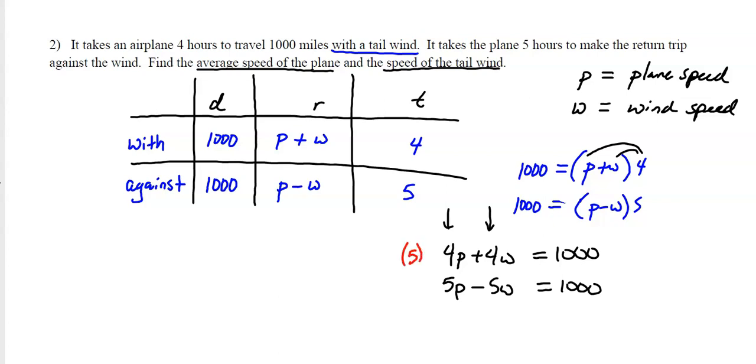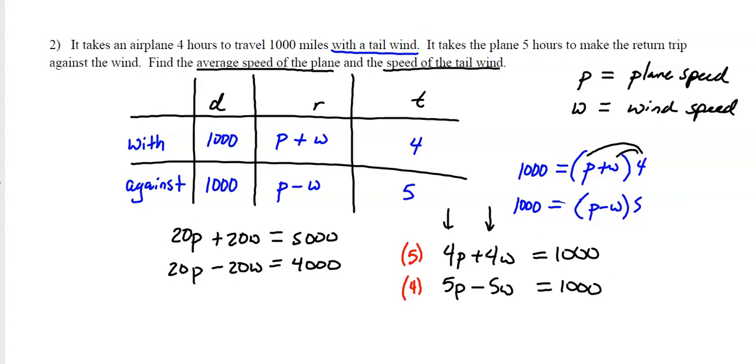If I multiply everything here by 5, everything here by 4, I should be able to eliminate the W's if I do this right. So I'm going to have 20P plus 20W equals 5,000. Remember, the 5 has got to go all the way through. Then I'm going to have 20P minus 20W equals 4,000. Now, since I have opposites right here in this row, I'm going to combine the rows.